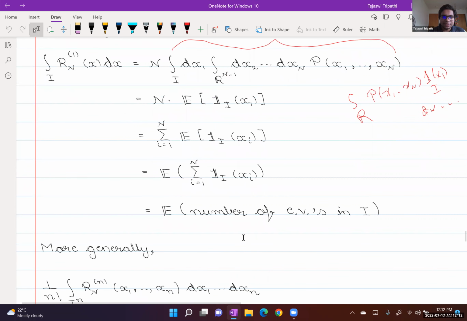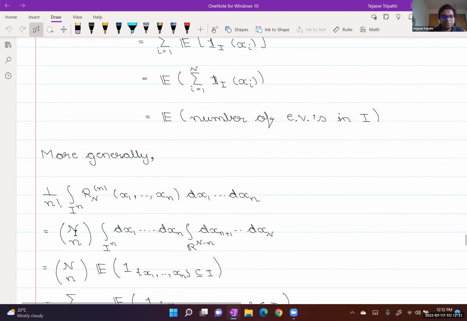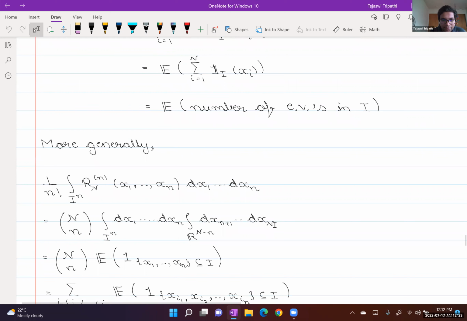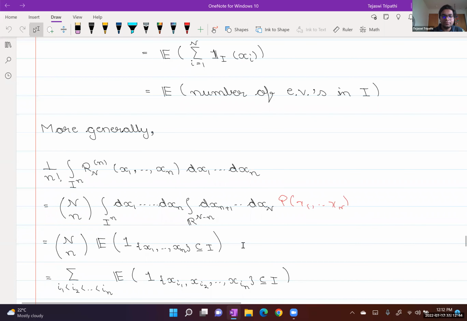More generally, you can do the same thing. If you take 1 over n factorial and integrate the nth correlation function, there's some constant. Oh, I forgot to write p here. Similarly, you can show that this integral is nothing but the expectation of the indicator function that the first n eigenvalues lie in this interval.